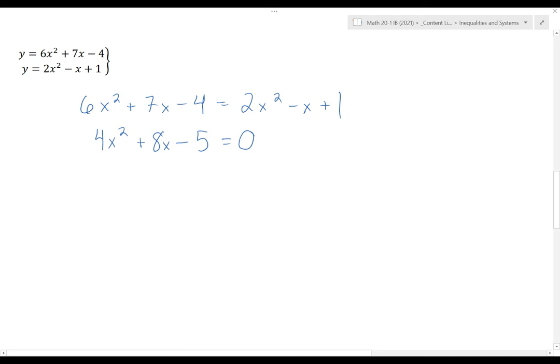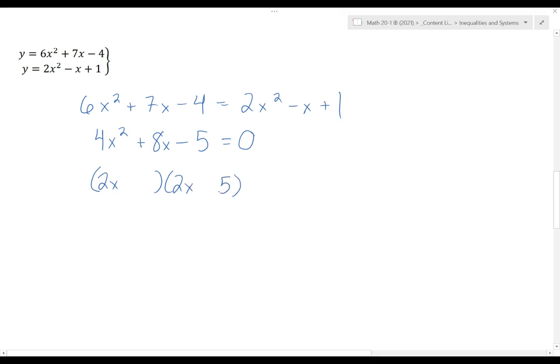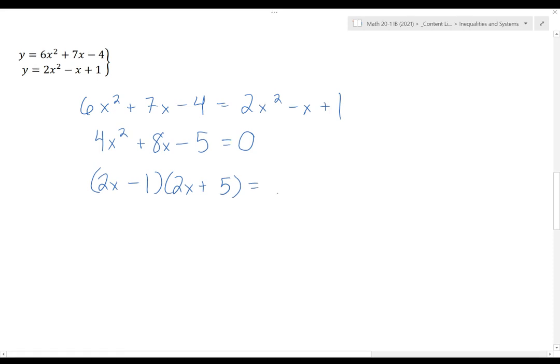And if I look at this one, what multiplies to negative 20 and adds to 8, that would be 10 and negative 2. So this one is factorable. So I've got 2x and 2x, 5 and 1. So I need a positive 10 and negative 2. So the x values would be 1/2 or -5/2.